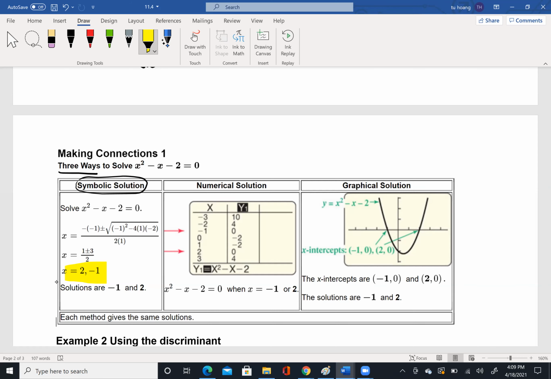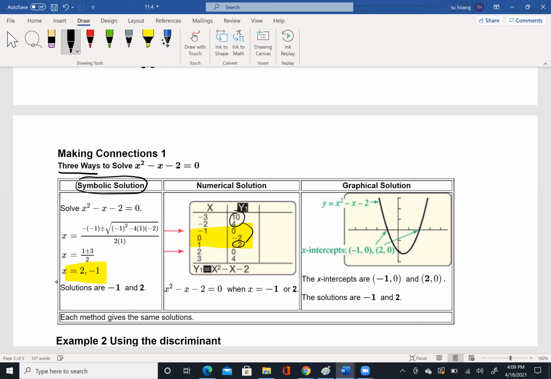Another way is using the numerical solution, where you can have a table, and then find where the value changes from a positive over here to a negative over here.